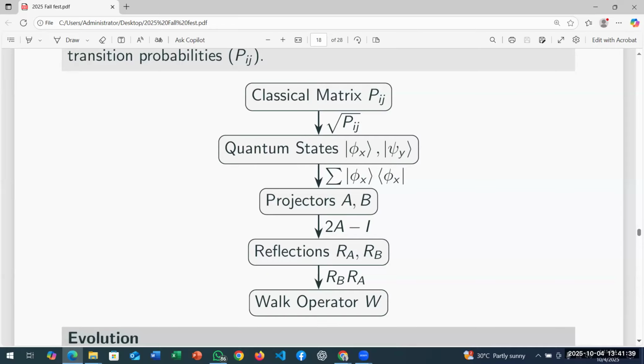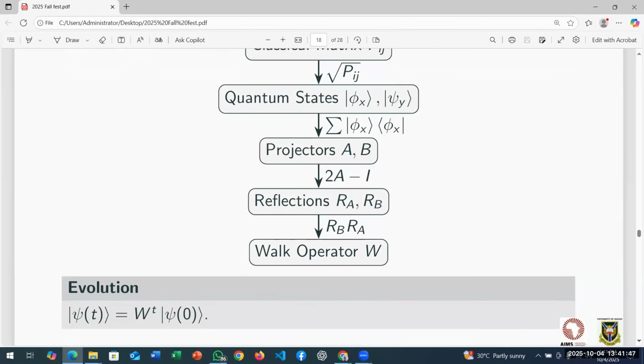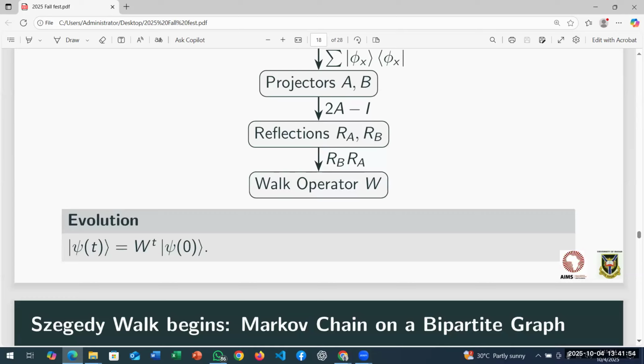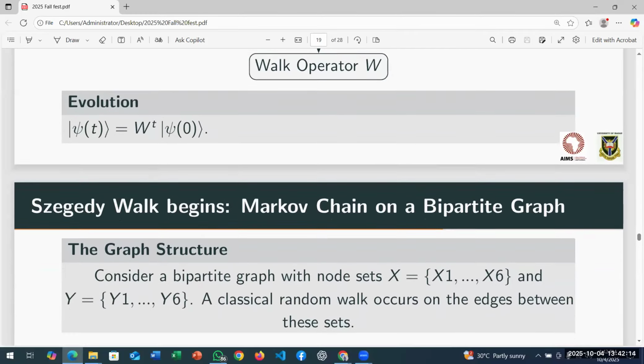Now, we find projector A, then projector B, then we find the reflections, then we find the walk operator represented by W. This will give me my evolution. This is how the whole thing will be evolved. When I have my walk operator, if I apply it on my initial state, that will give me the next state.